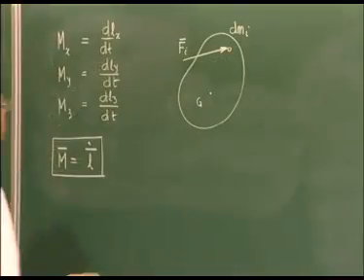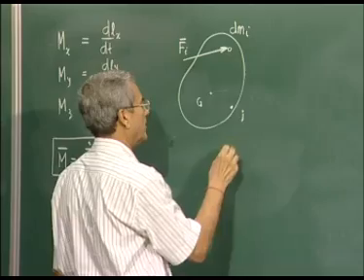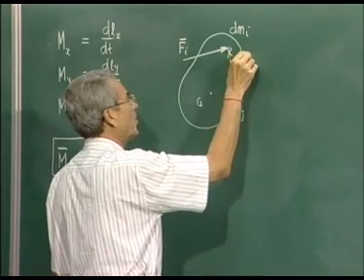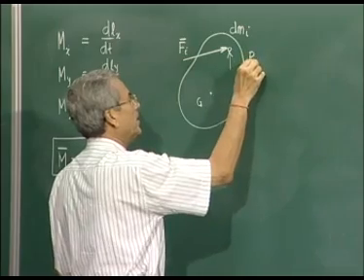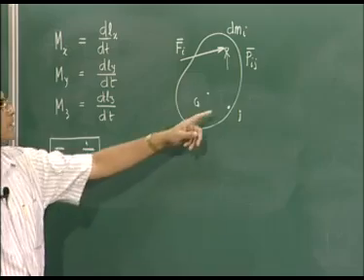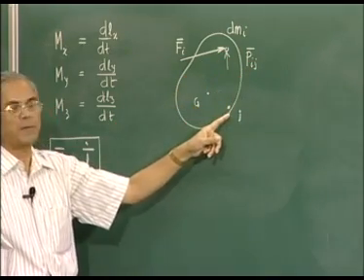So, if we take a jth particle, then this will be subjected to a force which we call, say, Pij. It means that it is the force on this ith particle due to the jth particle.